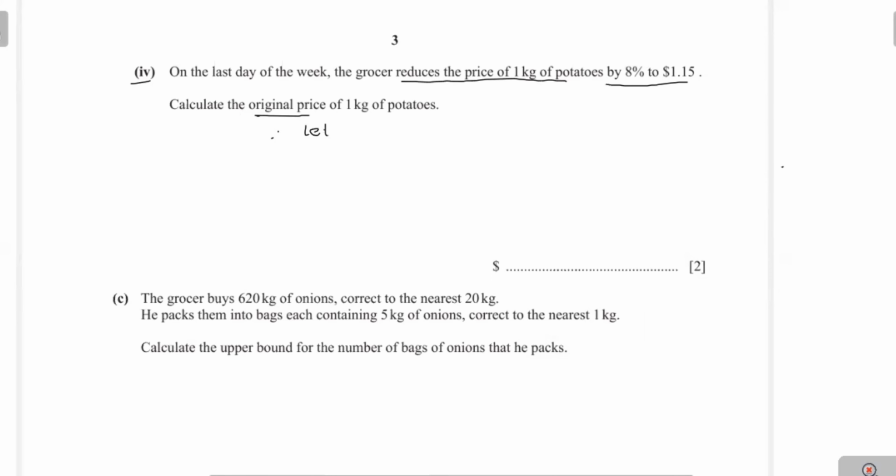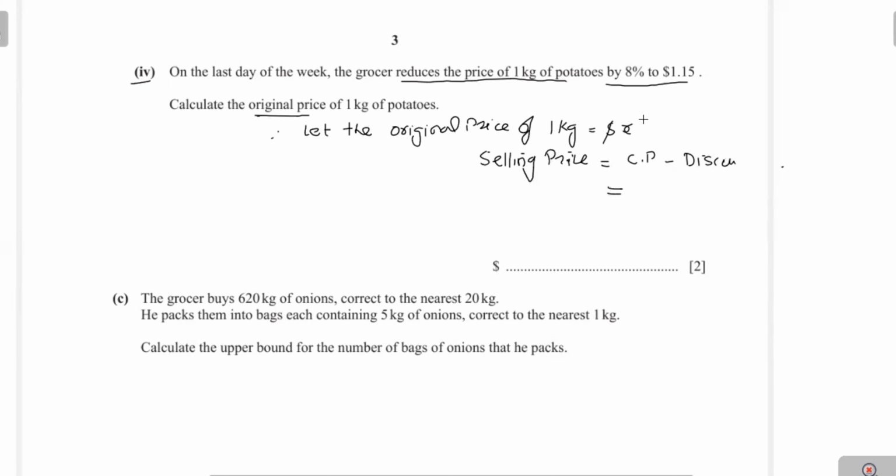Let the original price of 1 kg be X dollar. Discount here is 8%. Therefore, after discount, the selling price here will be cost price minus discount.